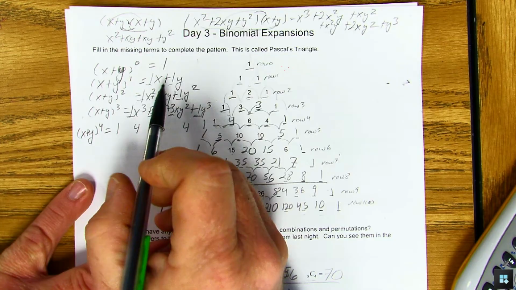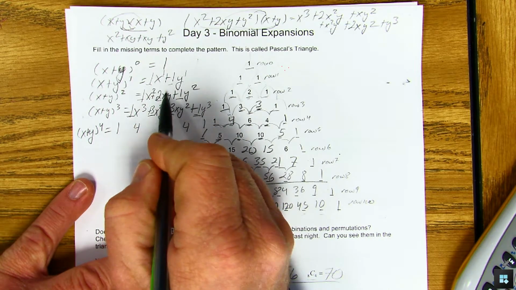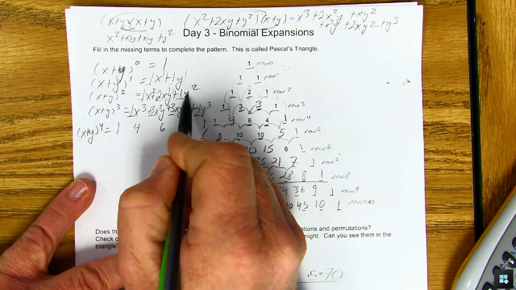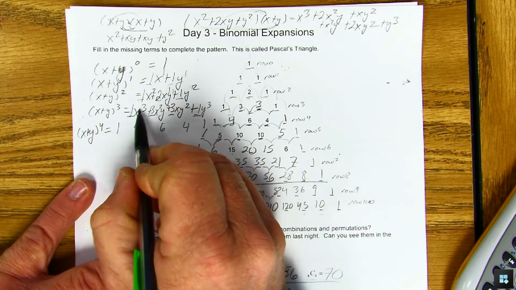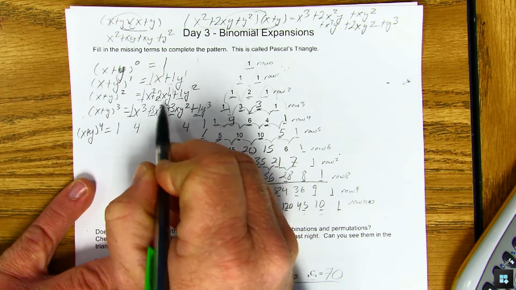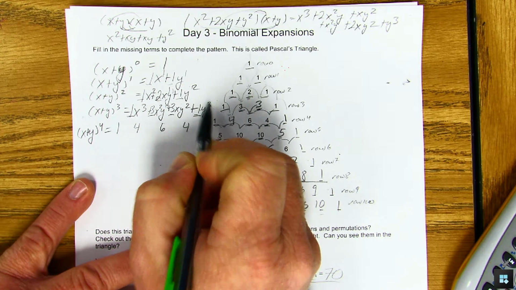Well, let's take a look. That was x to the 1, y to the 1, x squared, x to the 1, no x, no y, y to the 1, y to the 2, interesting. X to the 3rd, x squared, x to the 1, no x, no y, y to the 1, y squared, y to the 3rd.